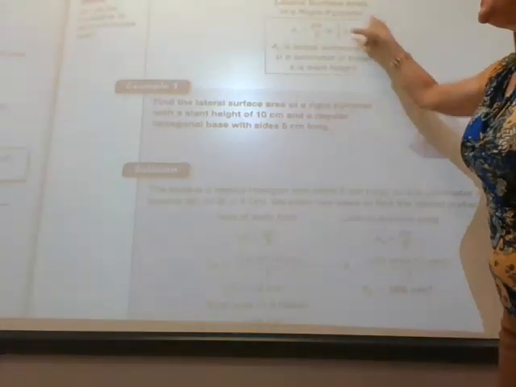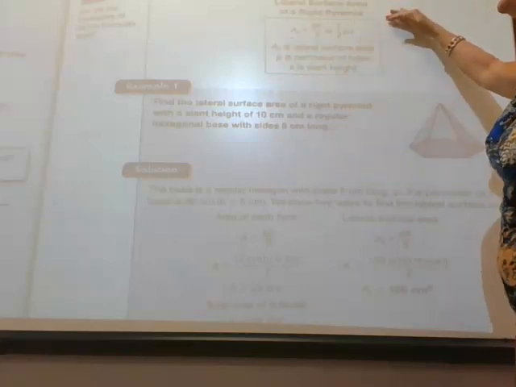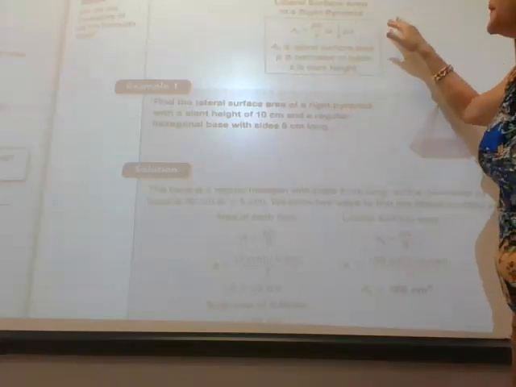I hope so. All right, so let me bring out the problem from the book. I think that might be our best bet here. So this formula you are more than welcome to use, okay? Because it's saying we're going to use the general formula for the lateral surface area of a pyramid.